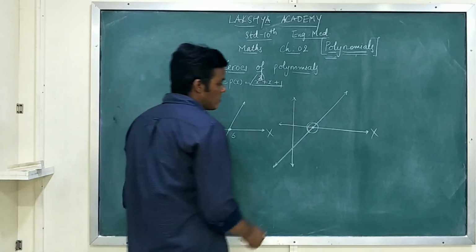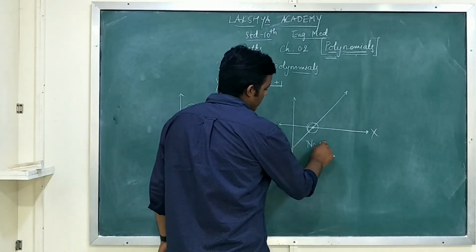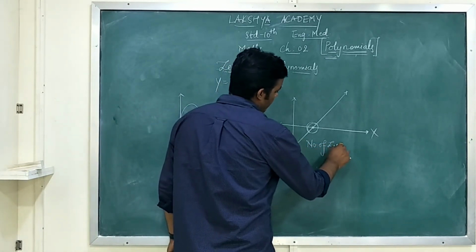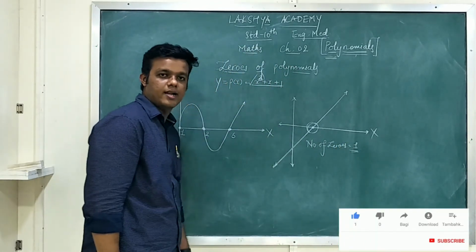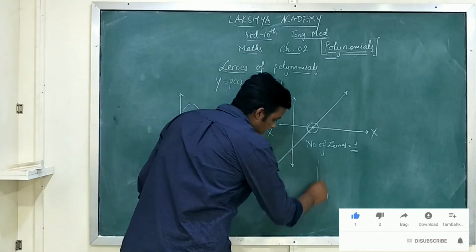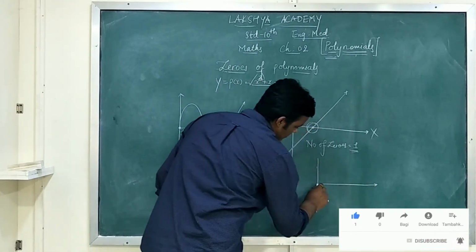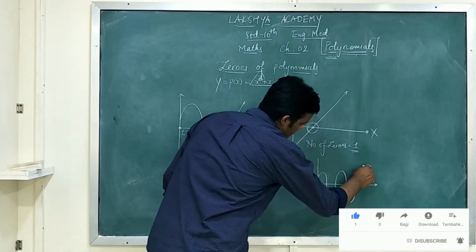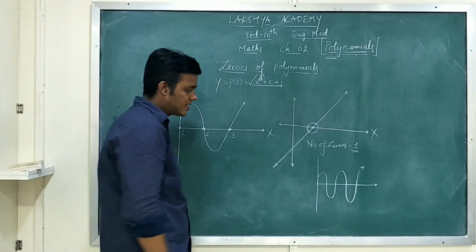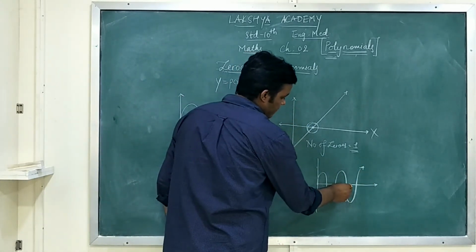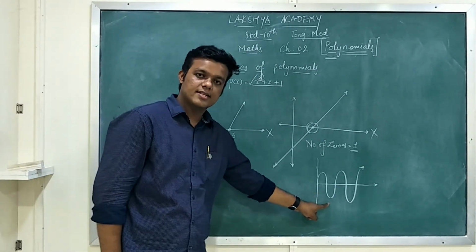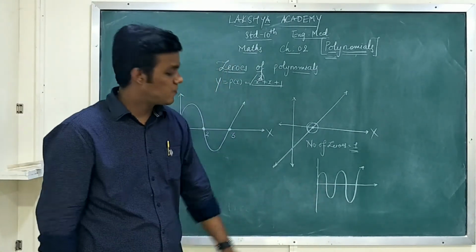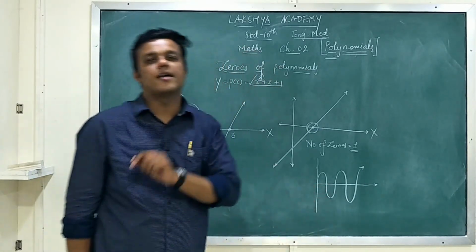So we can conclude that in this case the number of zeros for our polynomial equals 1. Right? If the graph is like this, you can see that 1, 2, 3, 4, 5. 5 times it is intersecting the x-axis, so the number of zeros for this polynomial is 5.